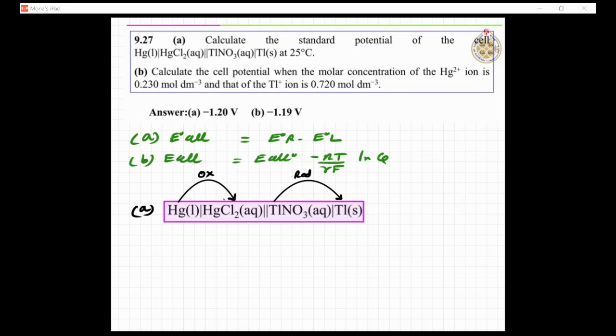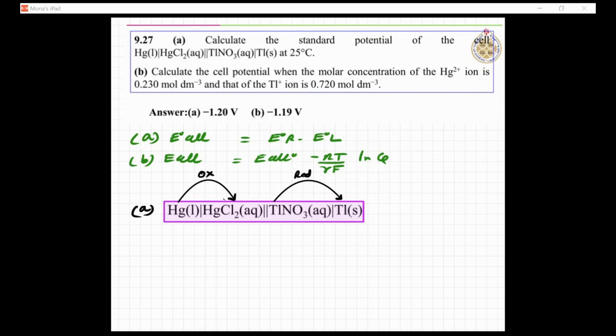We'll see that later on. I'm not going to explain it theoretically now.